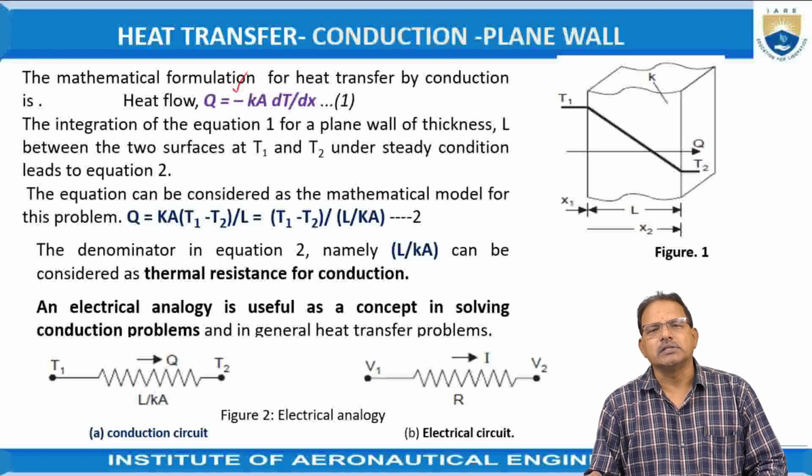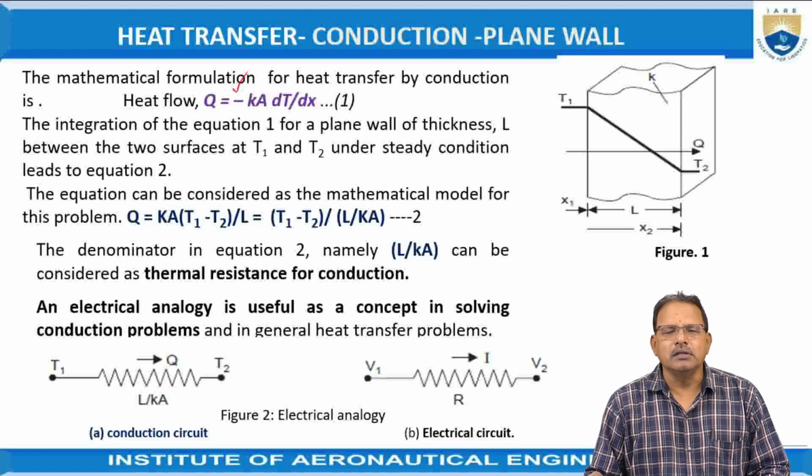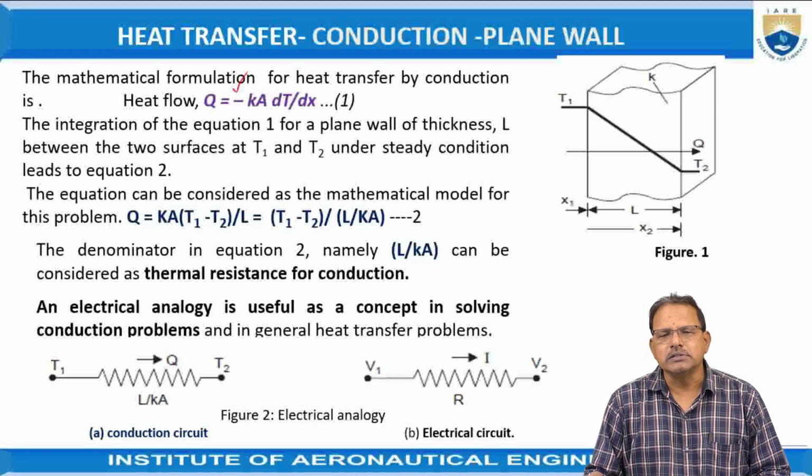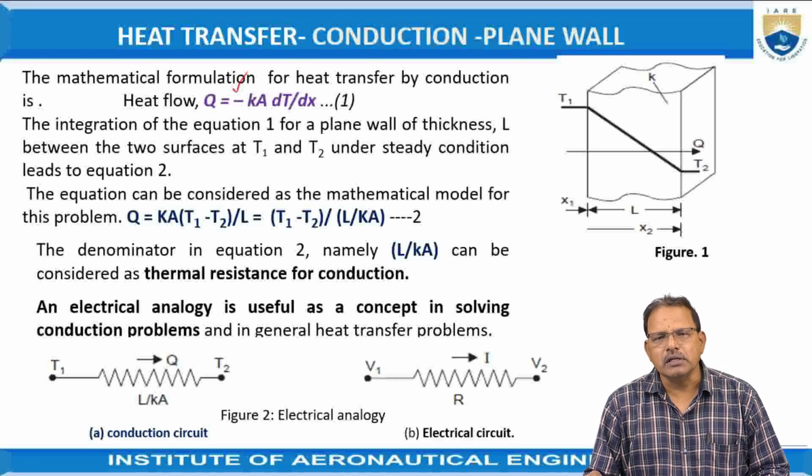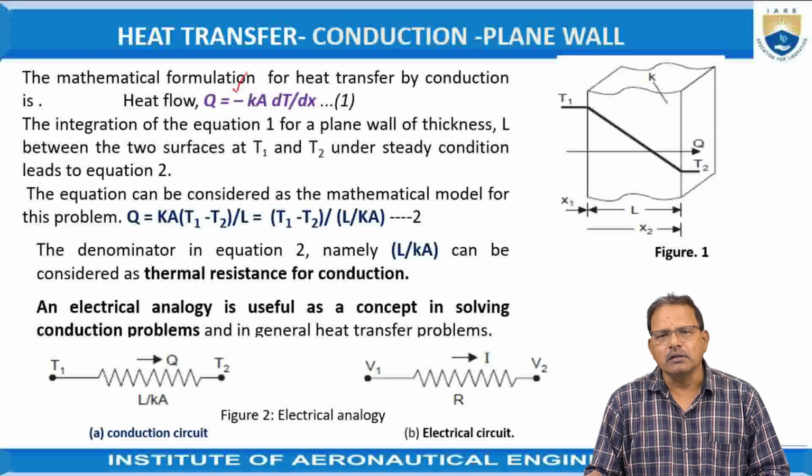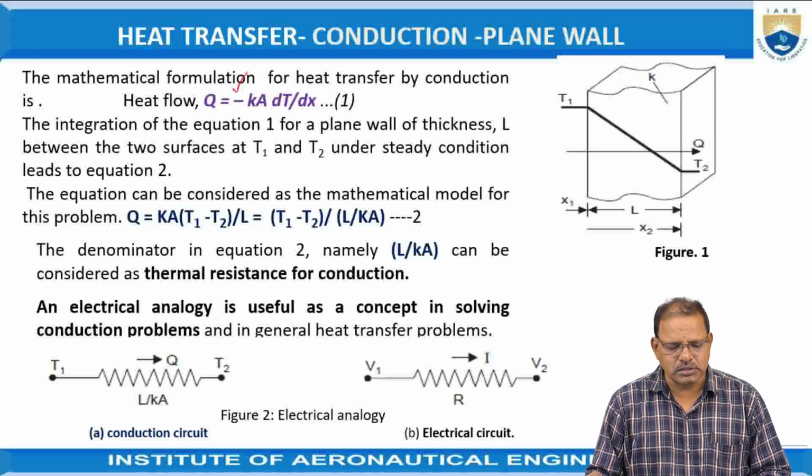A is the area of the cross section. dT is the temperature difference. dx is the thickness of the slab or block. Here dT by dx is also called the temperature gradient. It is always represented as negative. Hence Q is equal to minus K A dT by dx.